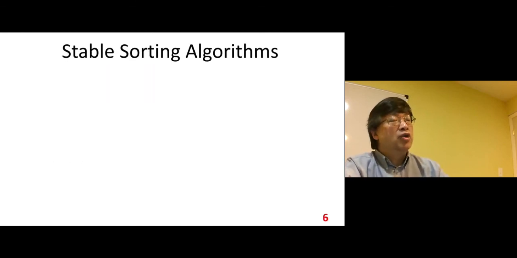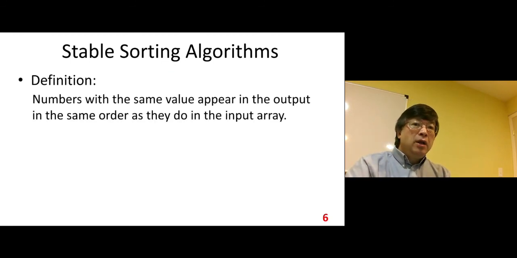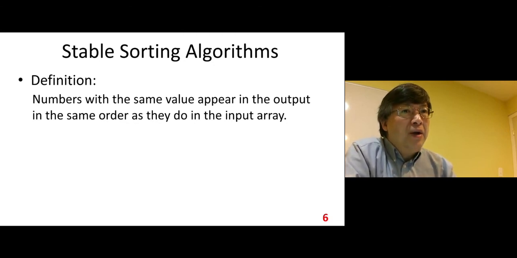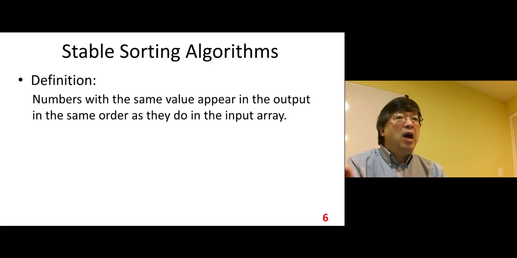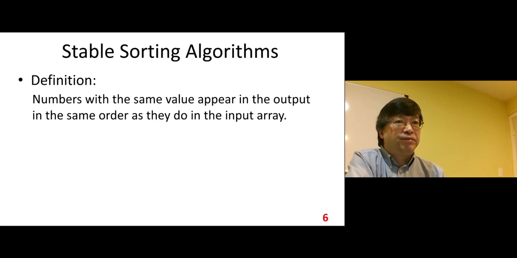Stable sorting algorithms, the definition: the numbers with the same value appear in the output in the same order as they do in the input array. Same order.